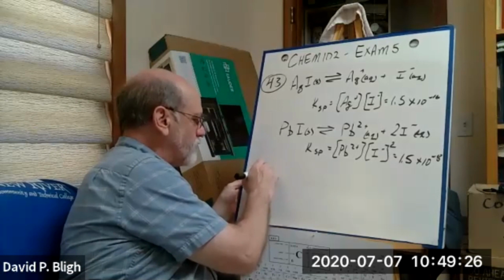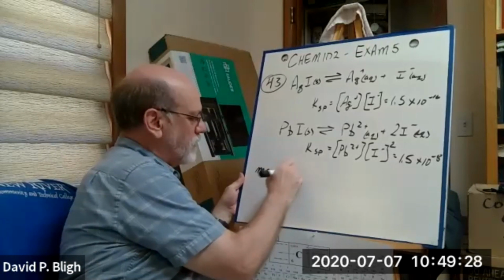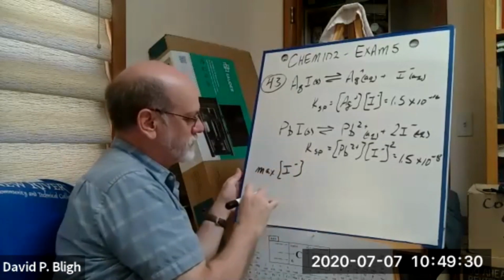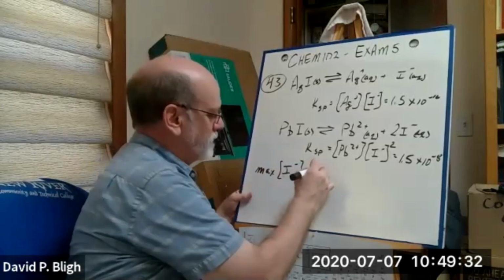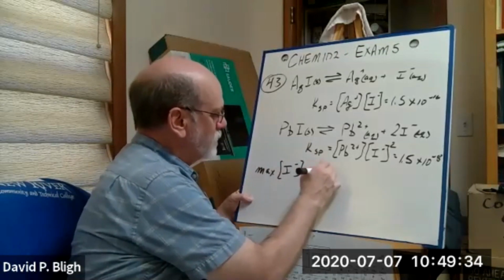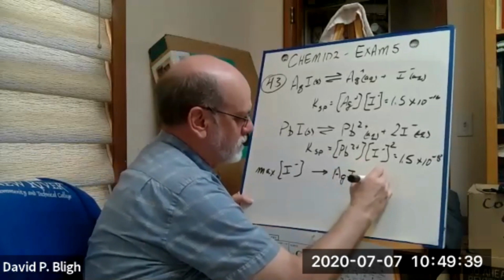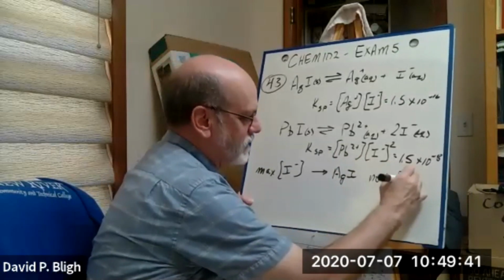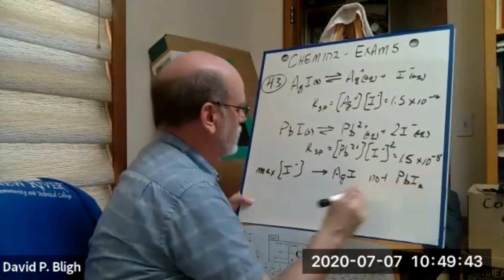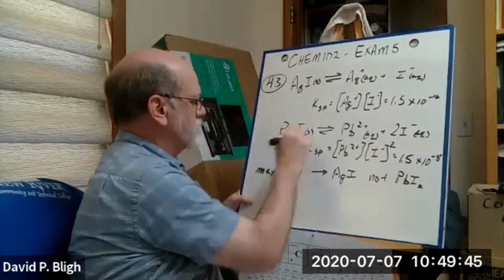So we're looking for the maximum iodide concentration to yield this, not that. Let's see, this should be 2.